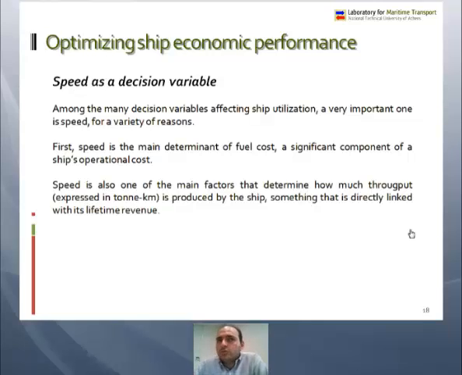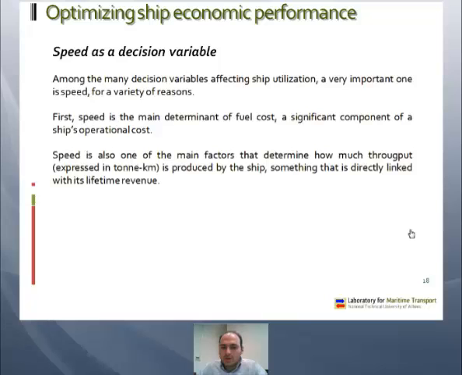That is the throughput. So you multiply the payload, the tons of the cargo, with the distance that the vessel sails. Actually, it's in miles, but you can transform it to kilometers. And this ton-kilometers is a very important thing, the throughput, because that is linked with the ship's revenue.